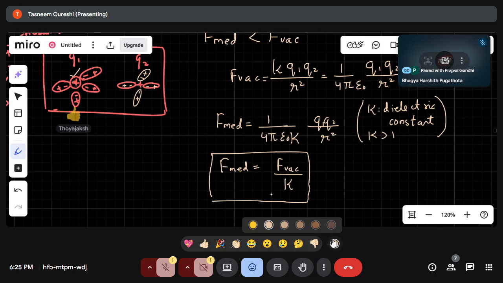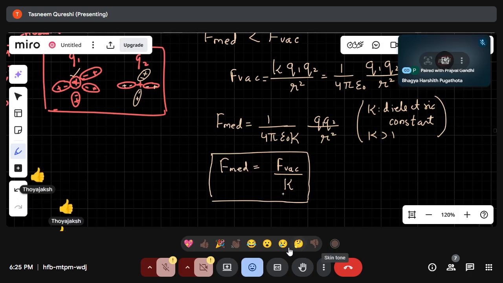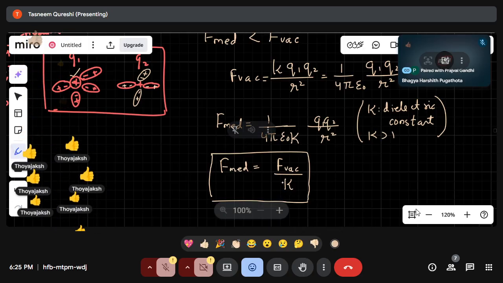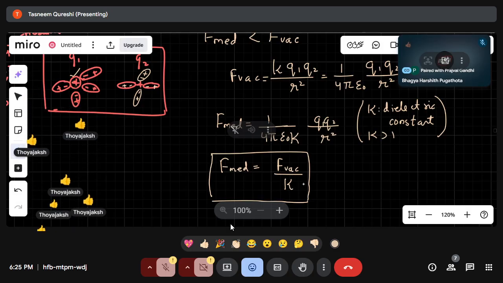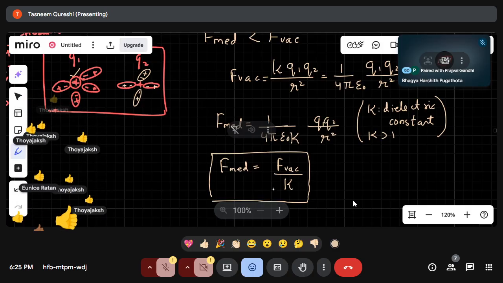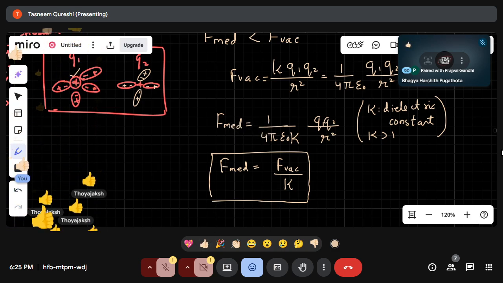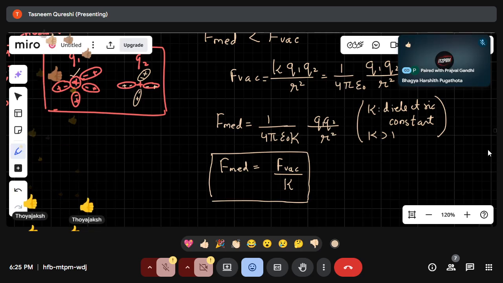And if you calculate the force for two charges in vacuum, you will not have the 80 in the denominator. So when you get 80 in the denominator, for sure your force is going to get reduced, right? Yes or no? So this K gives you the measure by how much your force is going to get reduced. I hope everybody is comfortable with this.